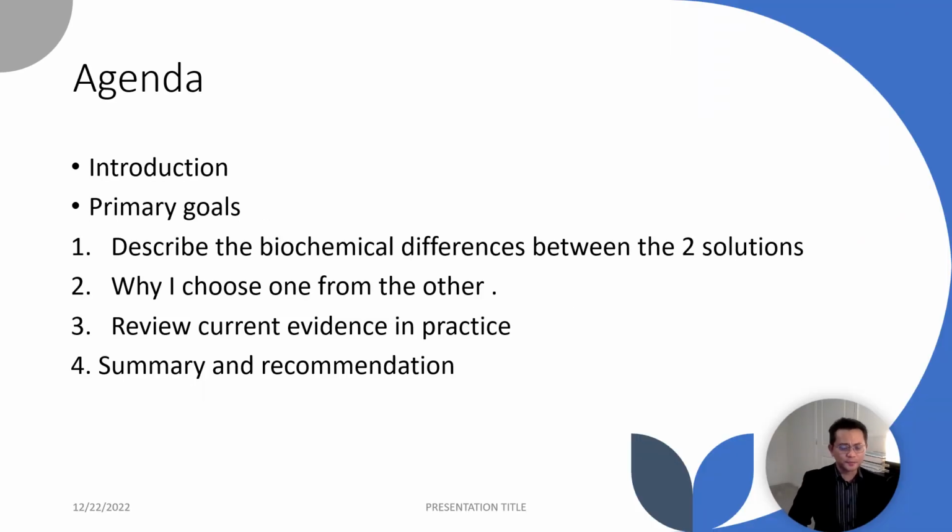So my primary goals for this lecture are to describe the biochemical differences between the two solutions, and I will tell you why I choose one over the other, and let's review the current evidence and practice regarding this topic, and then I will make my summary and recommendation.